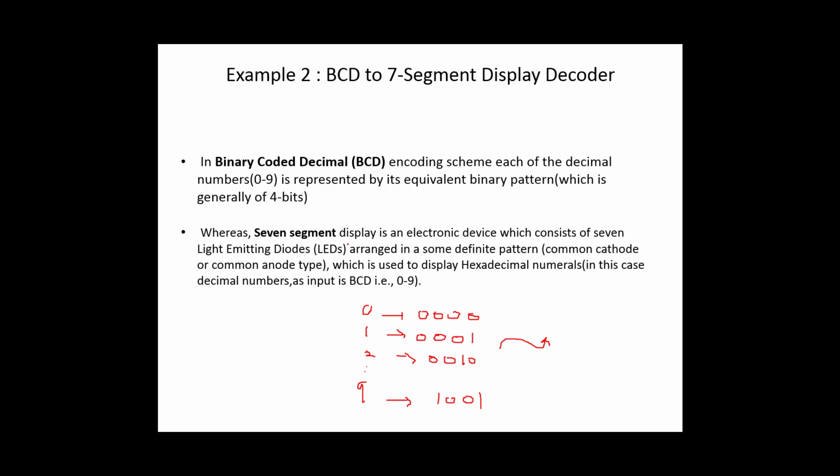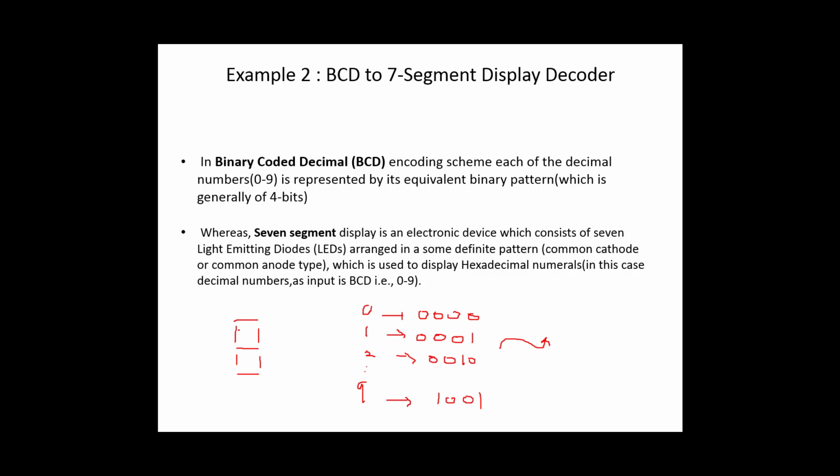So a 7-segment display is an electronic device which consists of 7 light emitting diodes that are arranged in a specific pattern, and this pattern is used to display hexadecimal numbers. We can see 7-segment displays in a number of devices, for example wristwatches, clocks, etc.